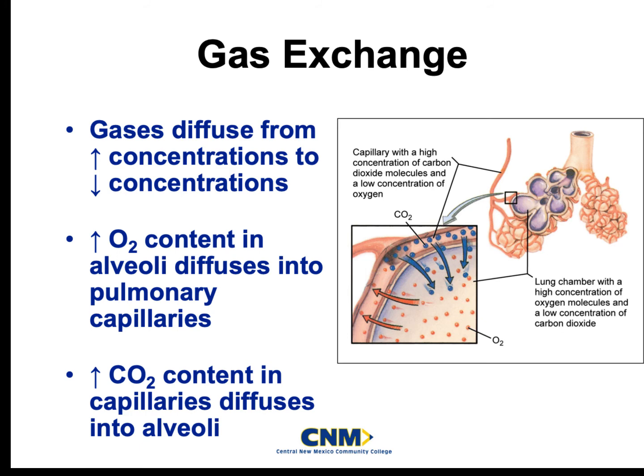So the oxygen and CO2 will intermingle with each other until that pressure gradient is equal, in which case we will blow out the CO2 and process the oxygen that we have unloaded into our system in order to feed our cells for energy. So the high oxygen content in our alveoli diffuses into our pulmonary capillaries, and then CO2 comes out of our pulmonary capillaries and diffuses into the alveoli in order for us to breathe that out.